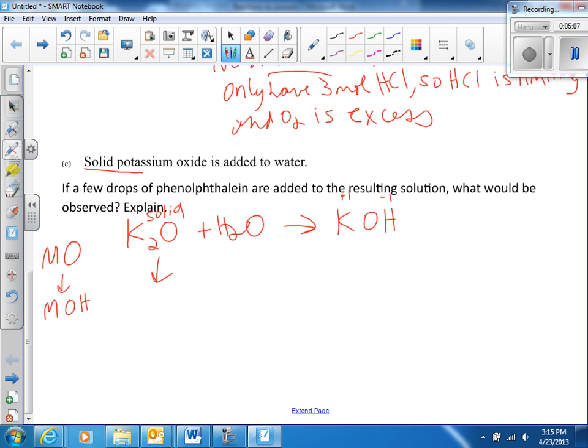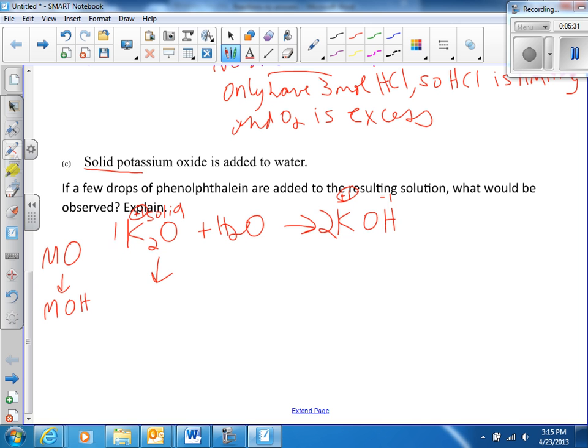Then you check, do we need to produce hydrogen or not? We only make hydrogen when there's a redox reaction occurring here. Well, in K2O, the K is +1. In KOH, the K is +1. We didn't have any oxidation or reduction occurring. Therefore, we don't need hydrogen to be produced. So we leave this as is in terms of the products, but we need to balance.